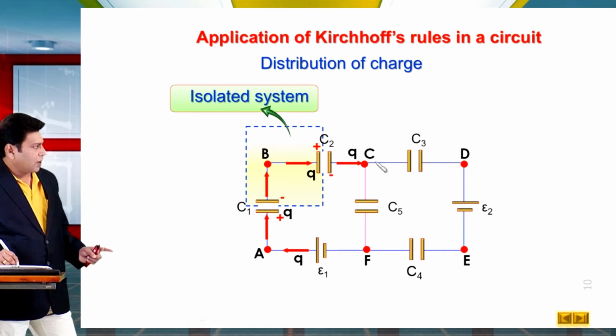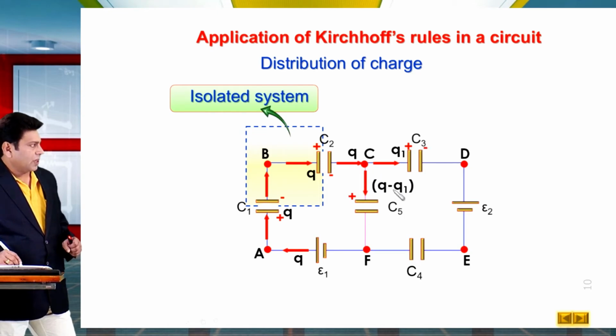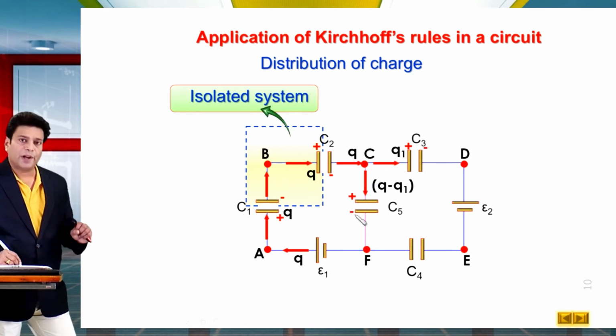Let us make the arrow here and write charge Q1 is going here. So this plate will be positive, and now from conservation of charge, what charge is left here? Q minus Q1. So we can make this arrow here and write Q minus Q1. This will be positive and this will be the negative plate.